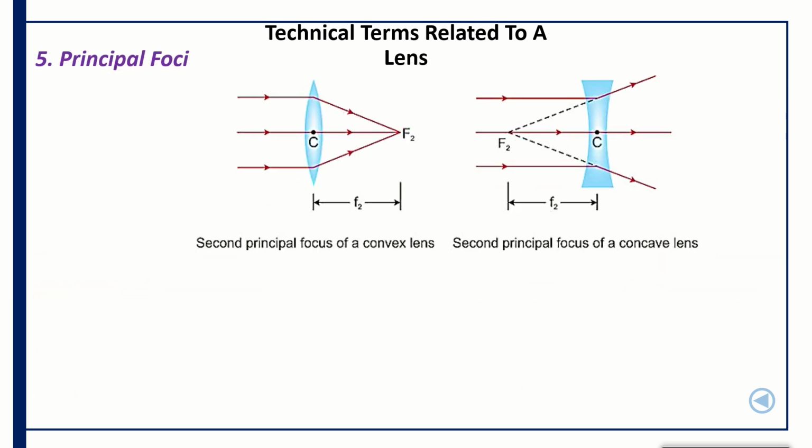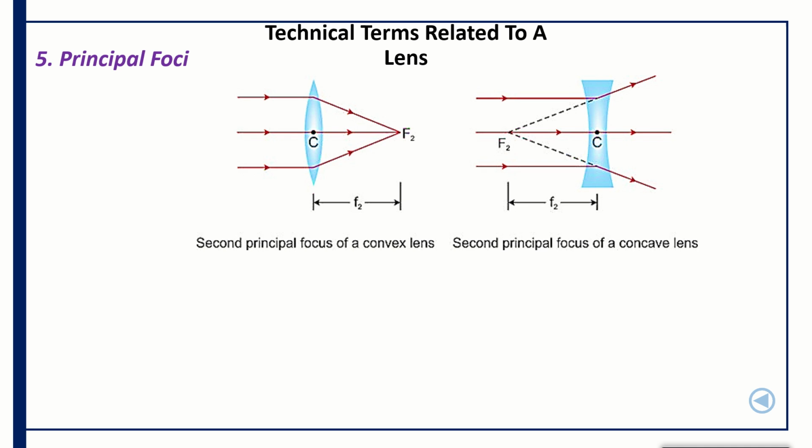Now, the second principal focus of a convex lens. If a parallel beam of light is falling on the lens, then the convex lens will refract the light rays and make them meet at one single point on the principal axis.